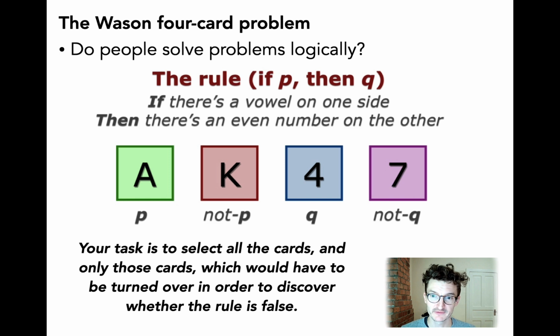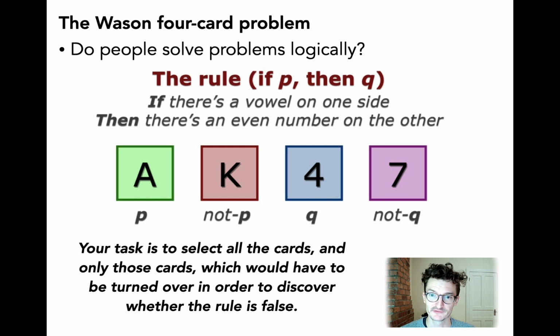So if we flip over the A, a vowel, then we must find an even number on the other side. If we don't, we falsify the rule. The other thing we know is that if Q is not true, then P is not true. So if we flip over the 7 and we find a vowel, then we've also falsified the rule.